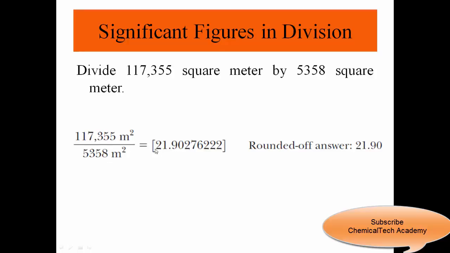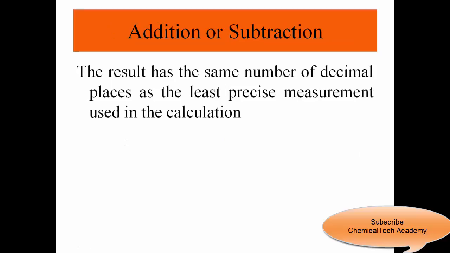We keep this 4 here and drop the rest of it. Since 2 is less than 5, we just get rid of them. So the rounded off answer is going to be 21.90.